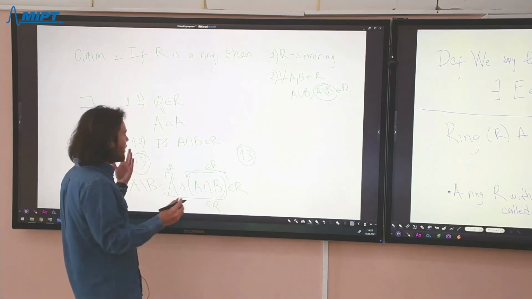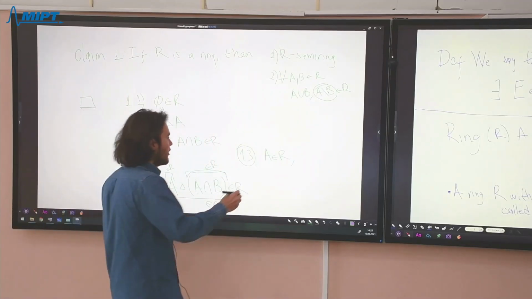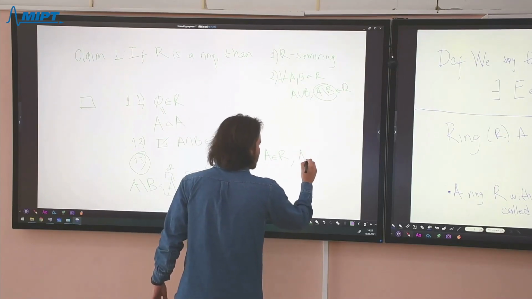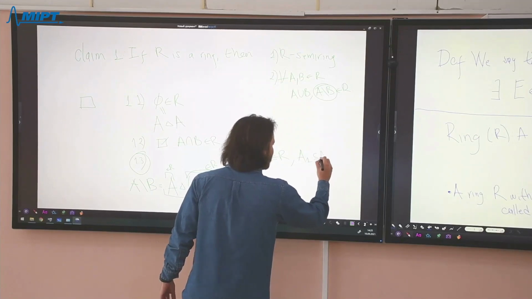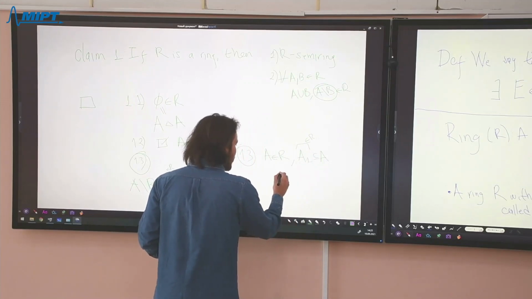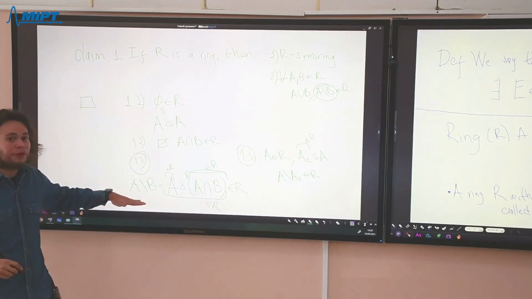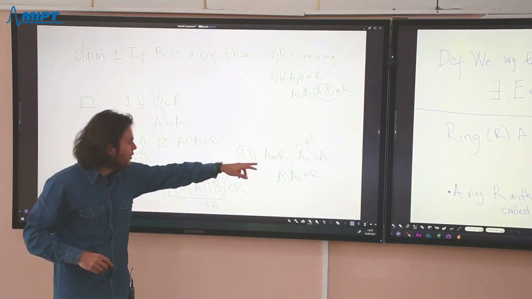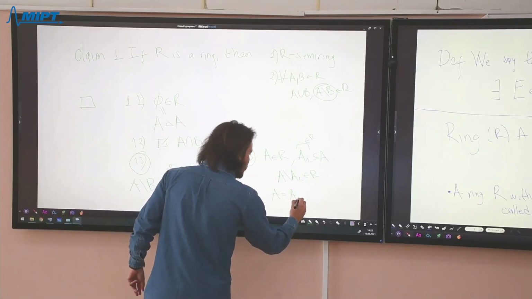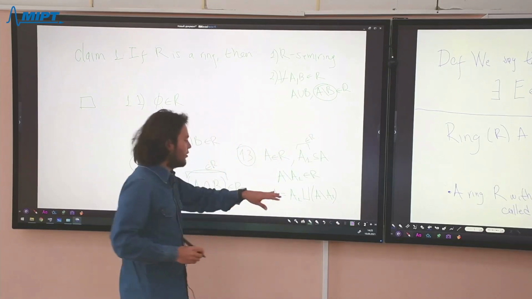So we know that for any A, if A is an element of R, and it's given some A sub 1, which is a subset of A, and this is also an element of R, then we know that A minus A sub 1 is an element of R. Yes, because we proved it here, the difference is an element of R. So it means that A, which is equal to A sub 1 union A minus A sub 1, is also an element of R.